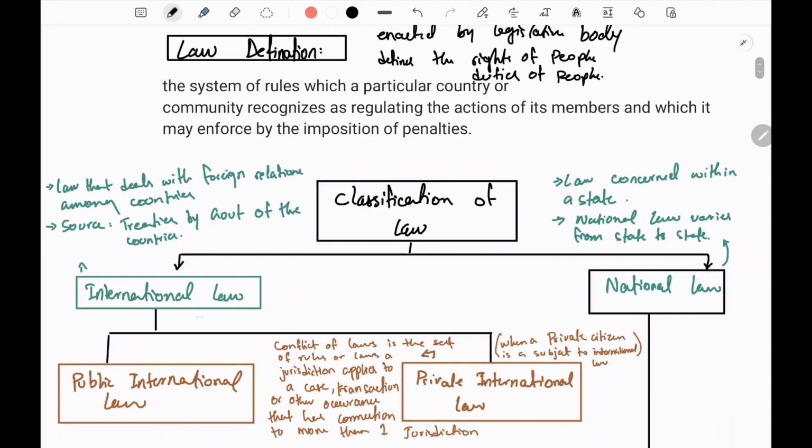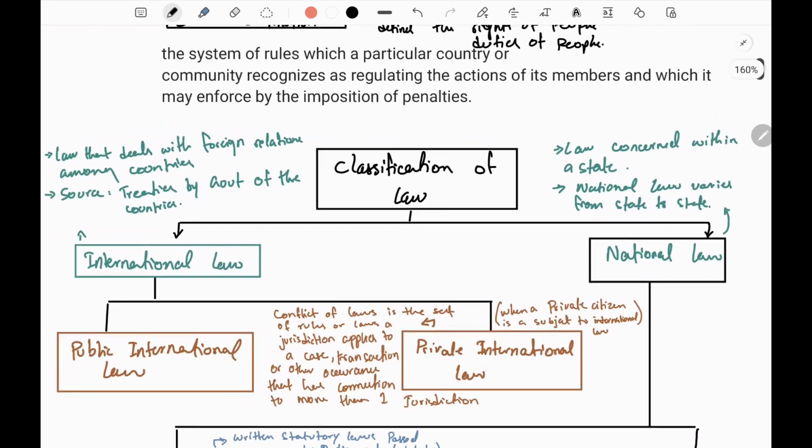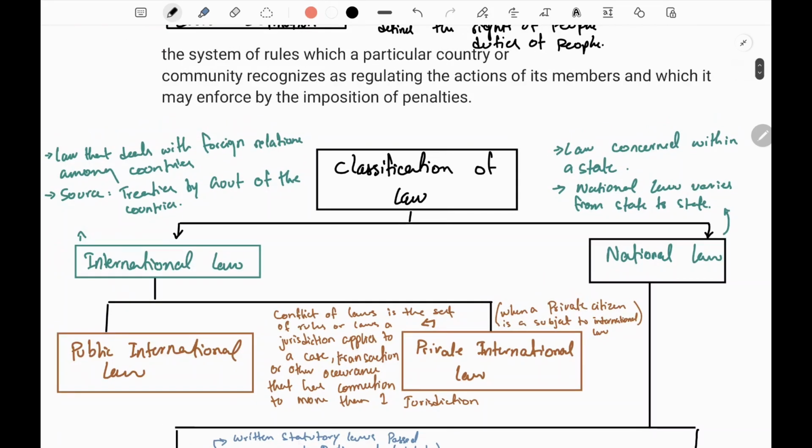The first level we have is international law and national law. International law is a law that deals with foreign relations among countries, and the sources are the treaties by government of the countries, or the agreements or the pacts that are done between them, and that basically provides a framework for how the countries build their relationships and regulate everything among them.